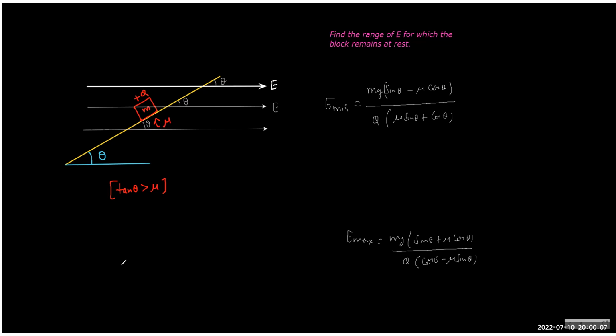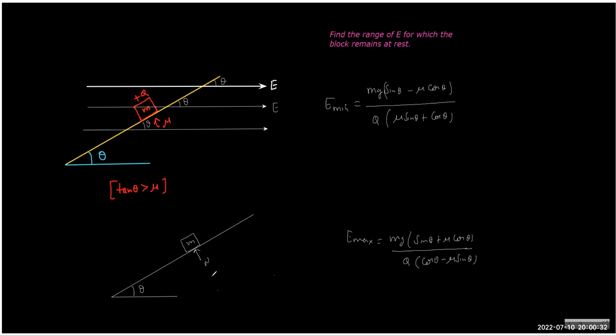Let me check the answer. The normal also gets modified, right? I would take the normal also into consideration. The electric field also creates a normal reaction. First of all, mg will break into components.